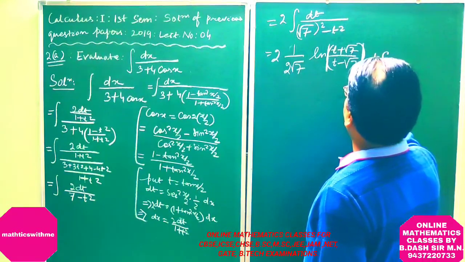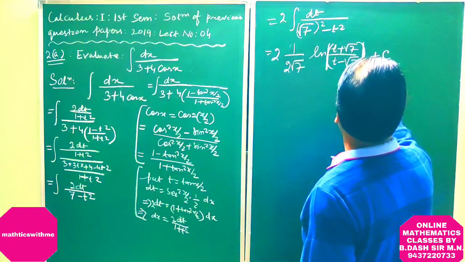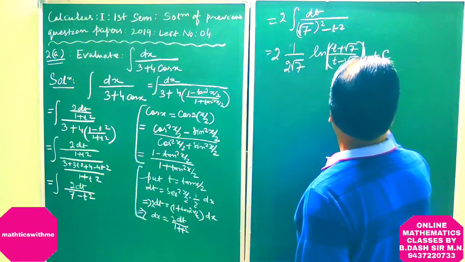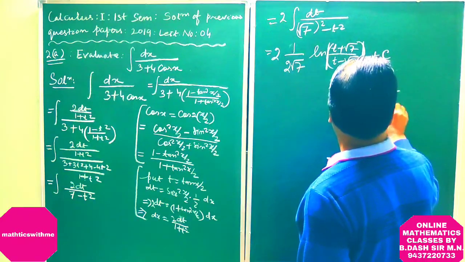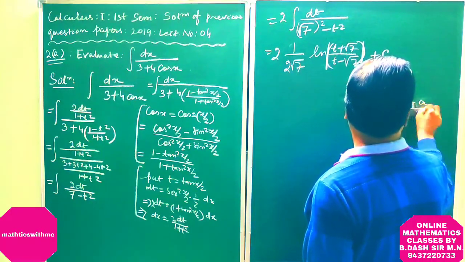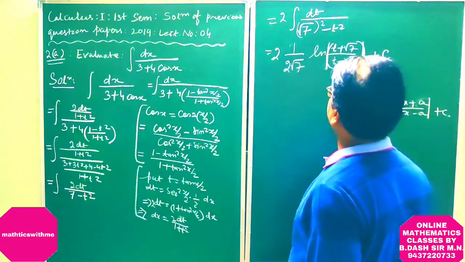Because we know the integration of dx by a square minus x square is equal to 1 by 2a ln of x plus a by x minus a plus c.